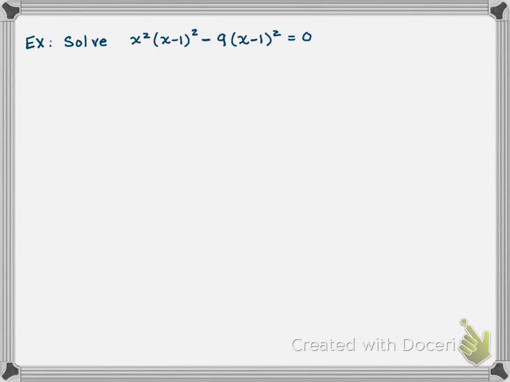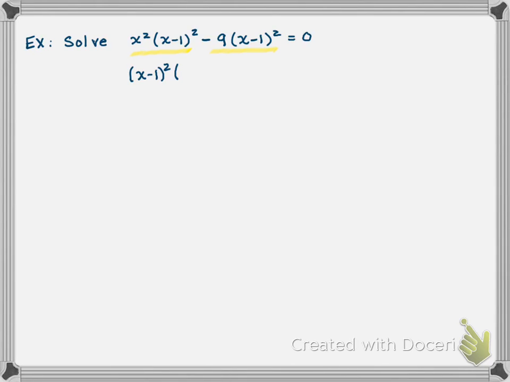So if I want to solve this by factoring, what should I do on the left side? Yeah, and we can even factor out x minus 1 squared, right? Because they both have two factors. So we can notice that this is like two terms, and those two terms have a common factor of x minus 1 squared. So x minus 1 squared.